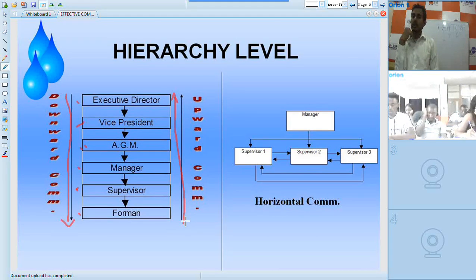In downward communication, the message goes down from the higher level of management, while in upward communication it comes from the foreman or front staff to the executive director of the company.